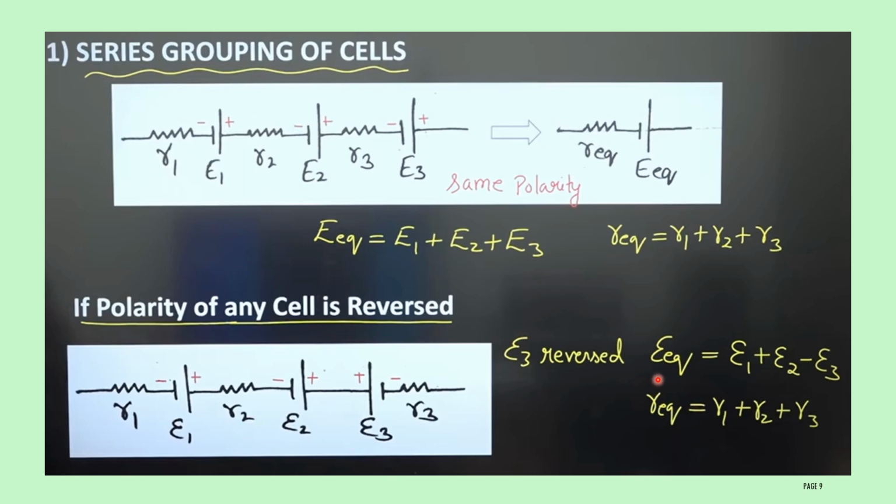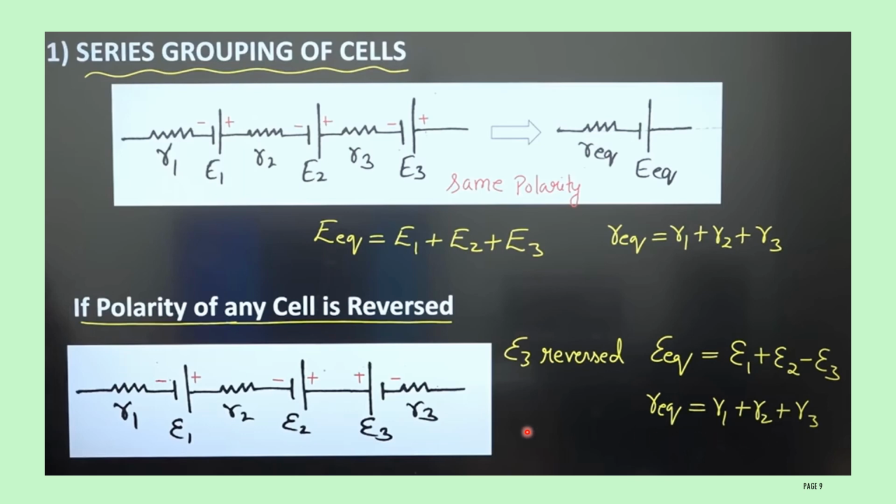Then the equivalent EMF is E equivalent equal to E1 plus E2 minus E3. The sign changes because the polarity of this cell is reversed. The cell whose polarity is reversed will carry a negative sign. The equivalent resistance is equal to R1 plus R2 plus R3.